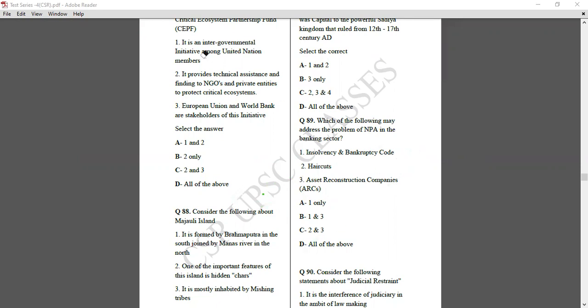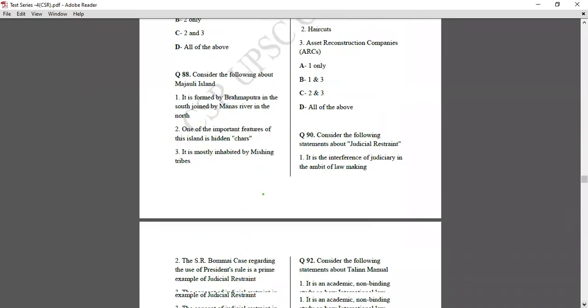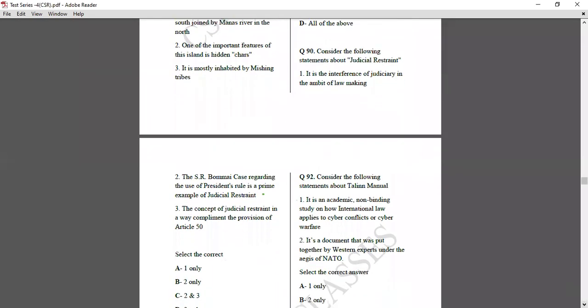Okay, coming to question number 90. Quality question, important question. Consider the following statements about judicial restraint. Now you need to know what judicial restraint is. Statement 1: it is the interference of the judiciary in the ambit of lawmaking. Statement 2: the SR Bommai case regarding the use of presidential rule is a prime example of judicial restraint.